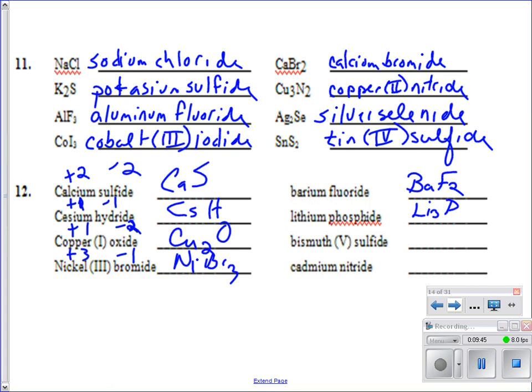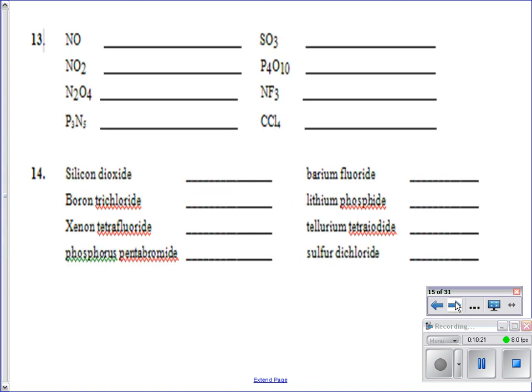Bismuth 5 sulfide. Okay. Bi2S5. Cadmium nitride. Cd3N2. Do we remember that? Okay. It's been a while, but we remember doing it.